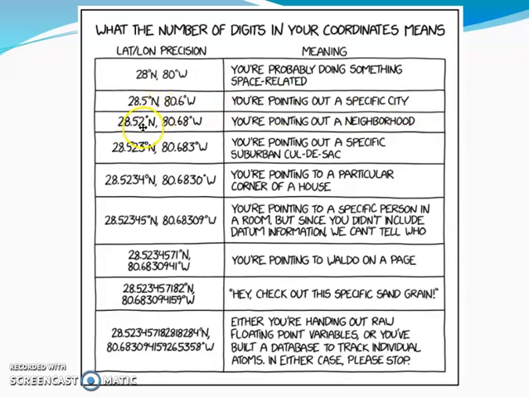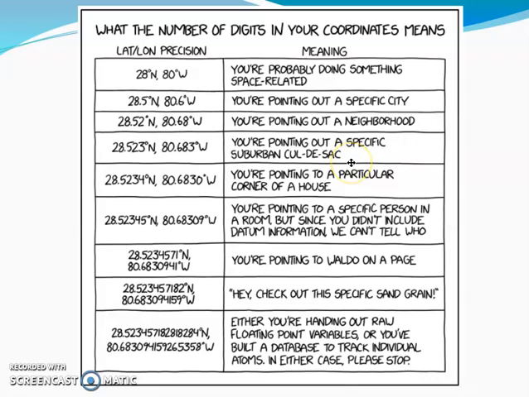But if I add one more place, so 28.52 and 80.68, so one extra place of precision is pointing out a specific neighborhood. So maybe you live in a specific neighborhood in Jenison. Adding one extra place, so now going 3 places past the decimal for both my latitude and longitude, is pointing out a specific suburban cul-de-sac.